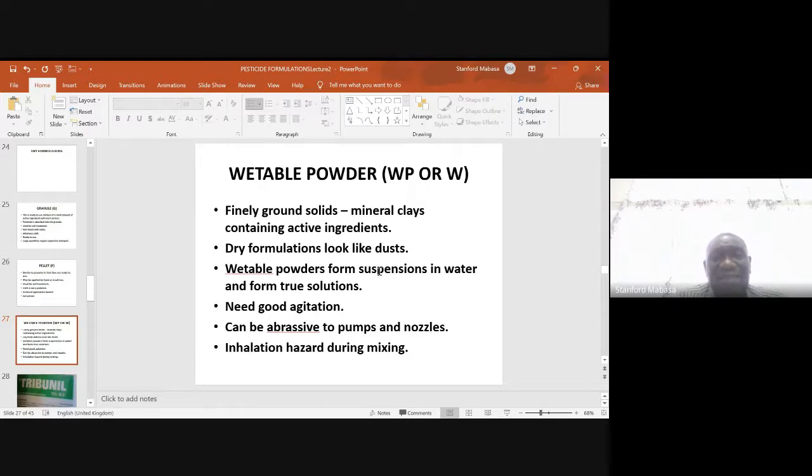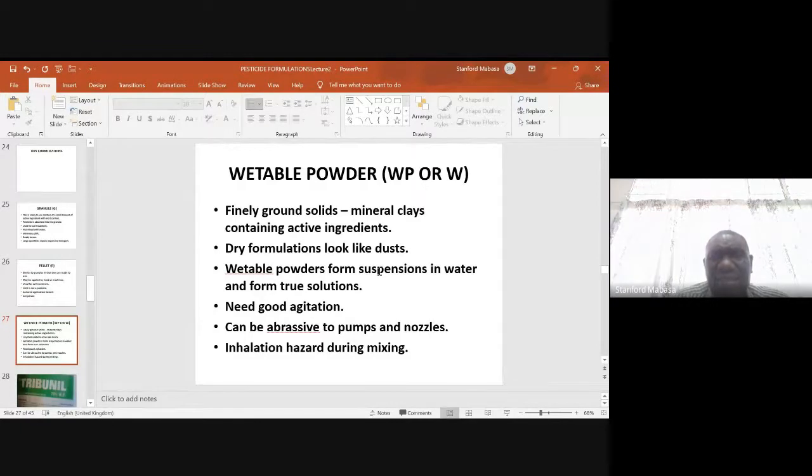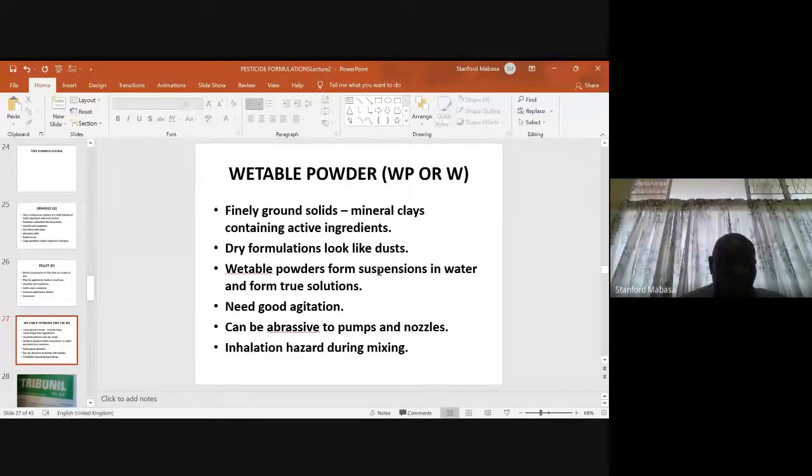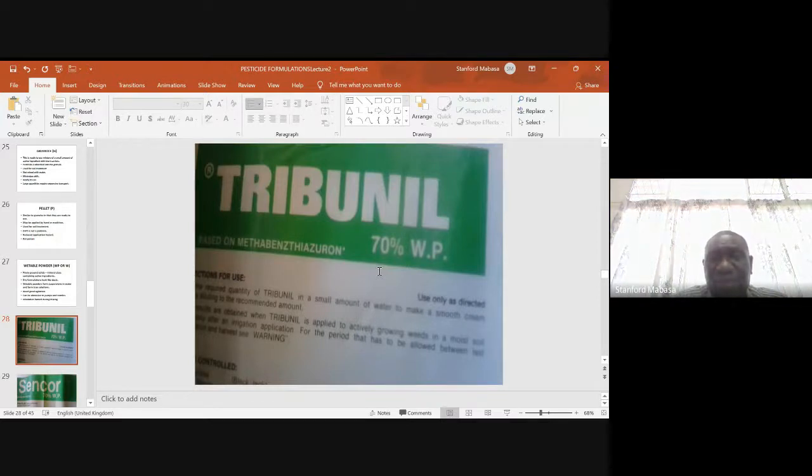These are not good formulations for pesticides. I think they can expose workers to serious danger. Yes, a pesticide tribunal, 70% WP or powder.